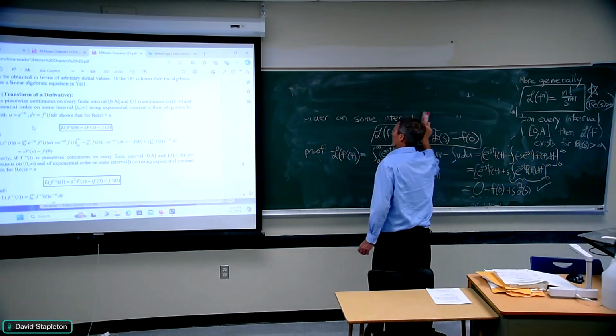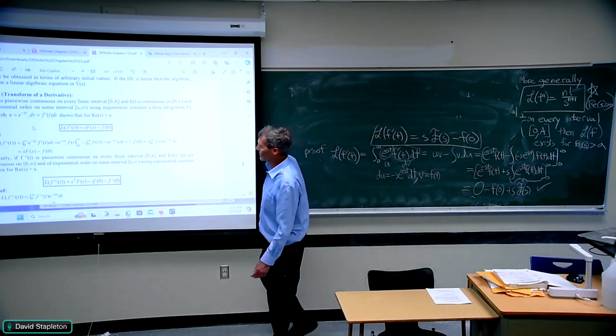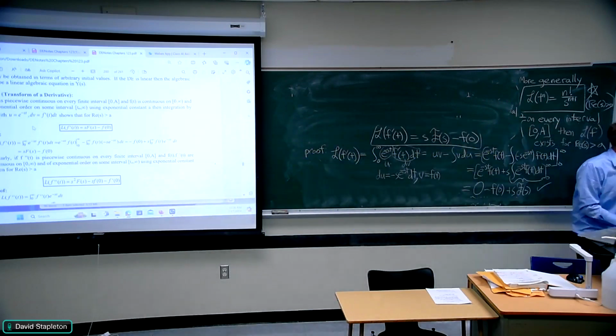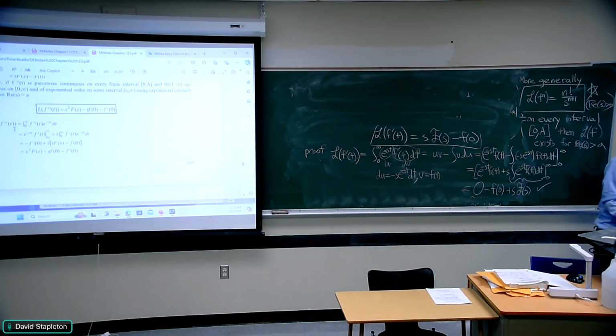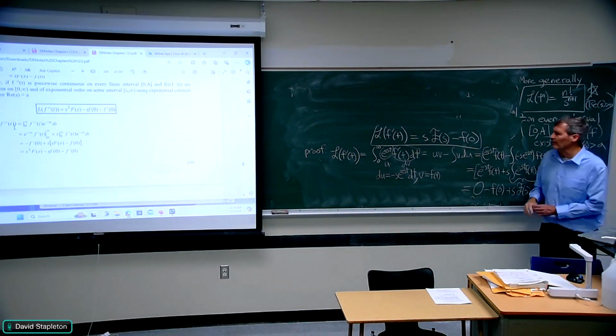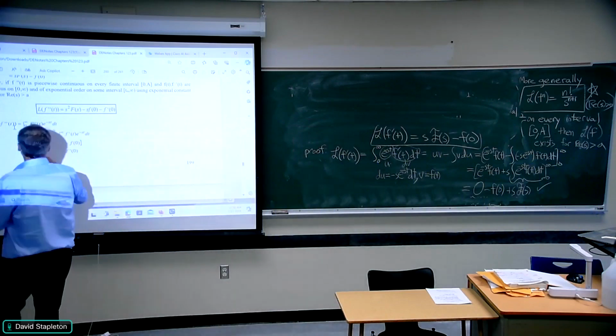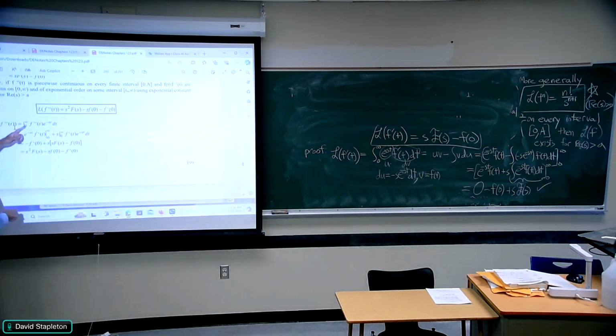Moreover, we can extend that with two integrations by parts. Here's the proof for the second derivative. And then you can see inductively that there's a similar formula for the nth derivative. Here's the double prime formula, though. You do one integration by parts, which gives you the integral of f prime times e to the minus st, and then a second one.